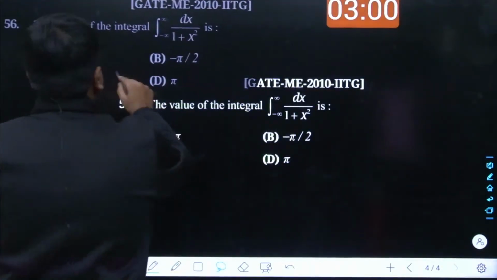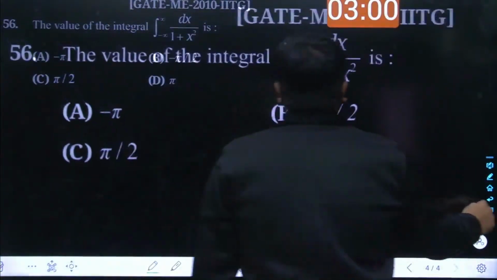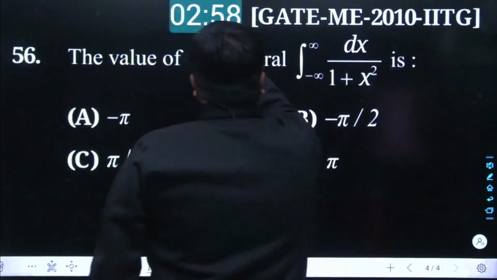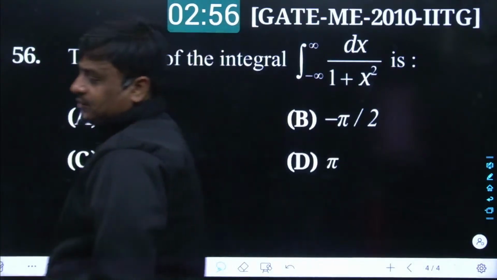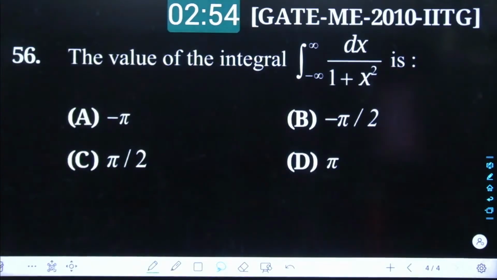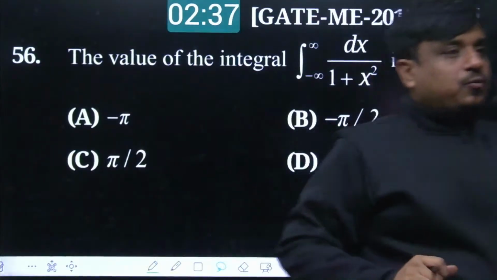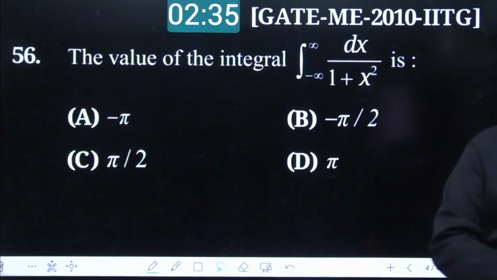Read the problem carefully and tell me what must be the best answer for this given question. I need to perform the integration of 1 upon 1 plus x square from minus infinity to plus infinity. Read it carefully and tell me what the answer must be.